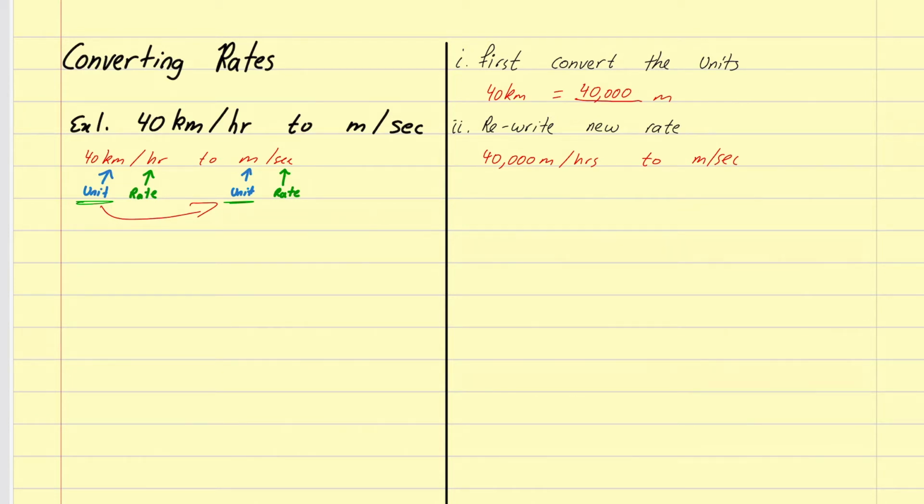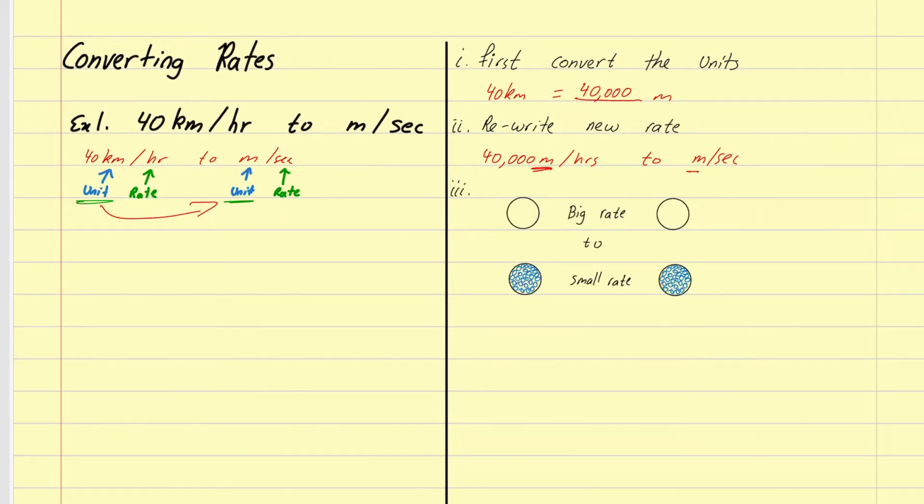Okay, so now look at this. This is in meters, and now that's in meters. And now it's time to convert the rate. The way I like to think about it is very simple. If you have a big rate and you want to go to a smaller rate, I'm going to divide. And the reason for that is, think of this like a big chocolate block, whatever you want to call it.